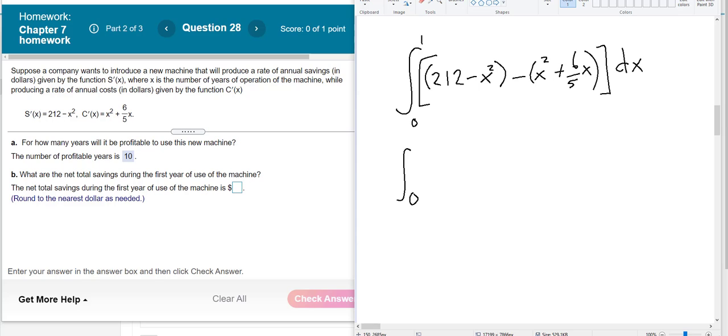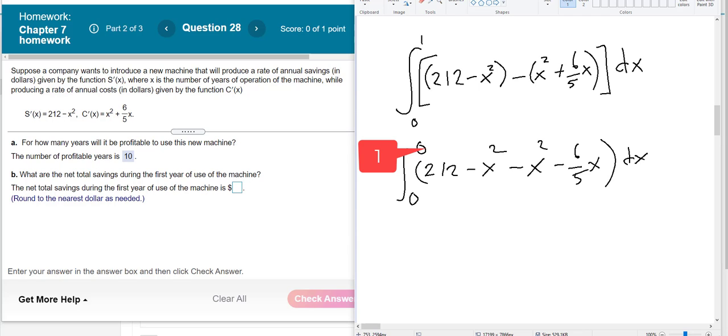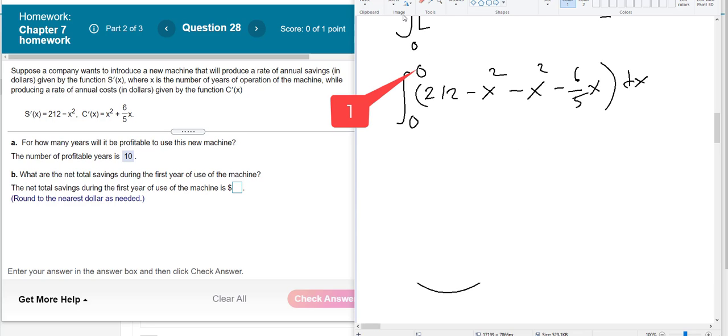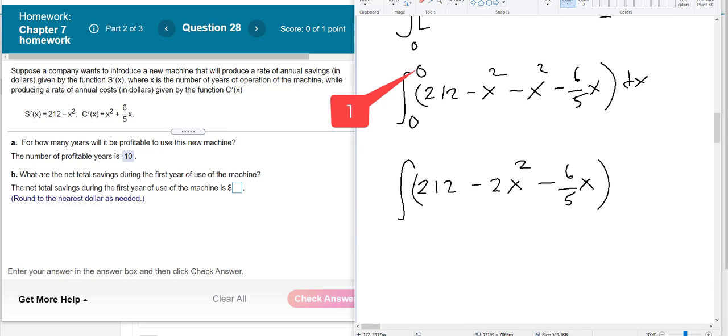So I'm going to simplify first. 212 minus x squared minus 6/5 x, because this minus gets distributed. So that's going to give me 212 minus 2x squared minus 6/5 x.